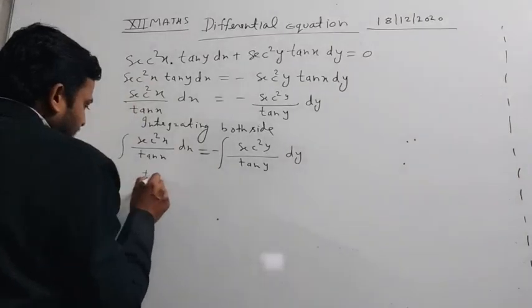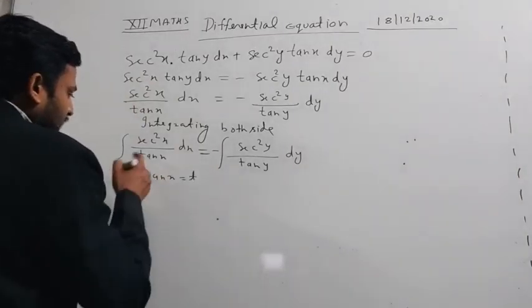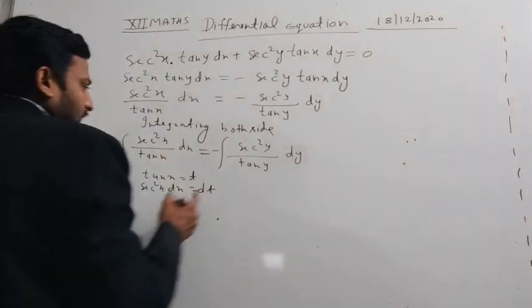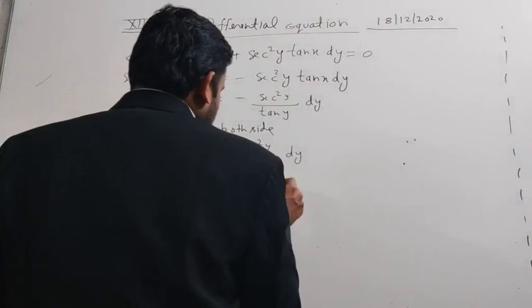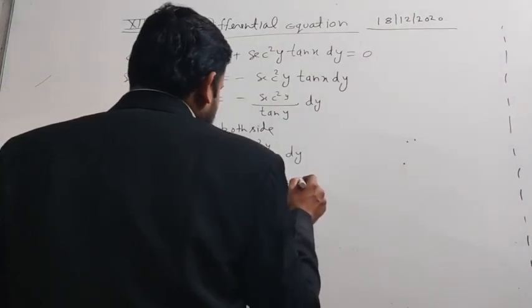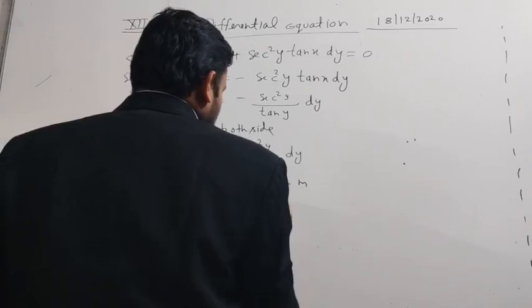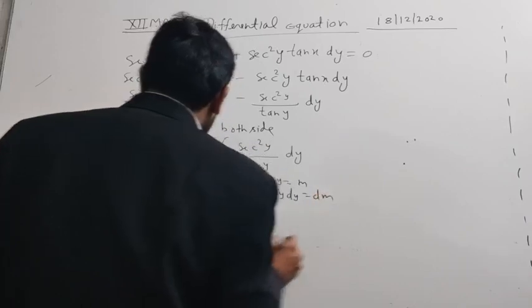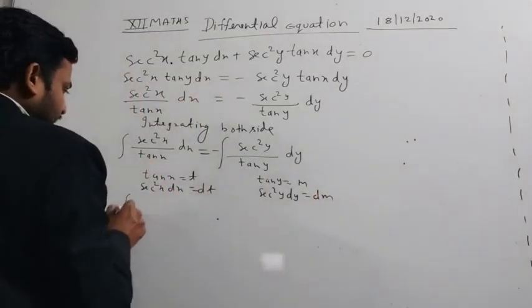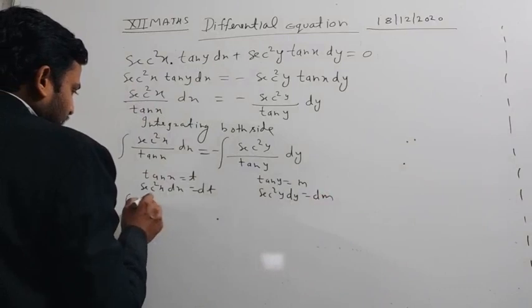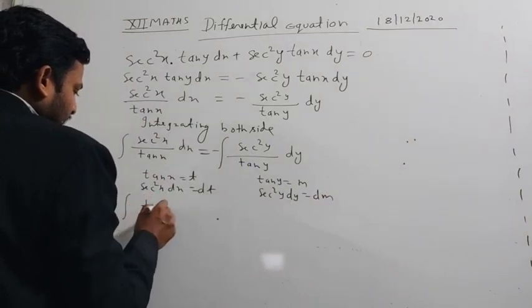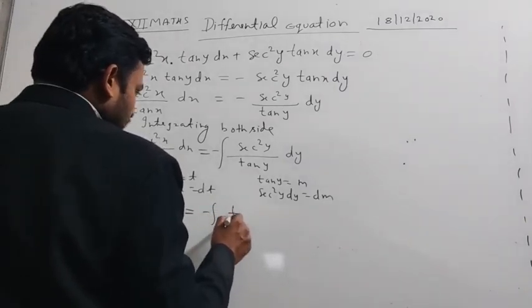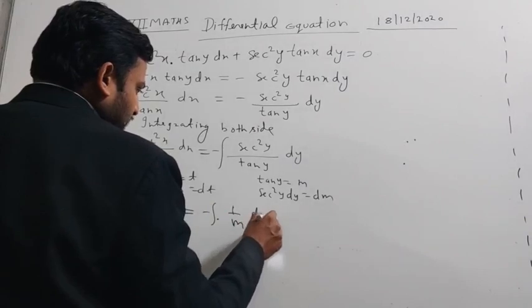Now let tan x be t, so sec square x dx is dt, and here we write tan y is m, so sec square y dy is dm. So we can write this is 1 by t dt, and this is 1 by m dm.